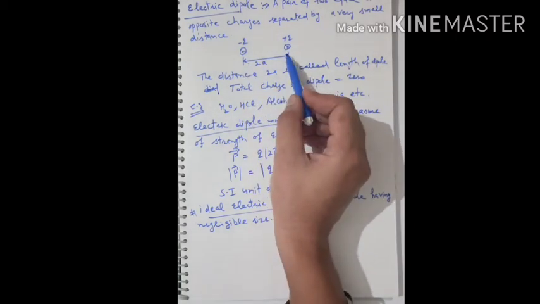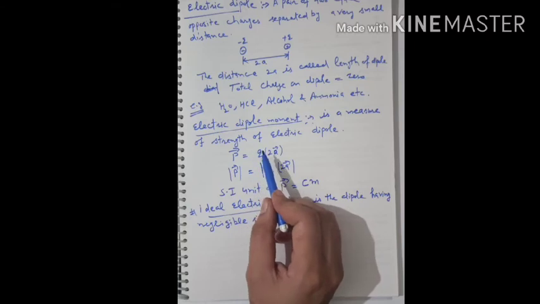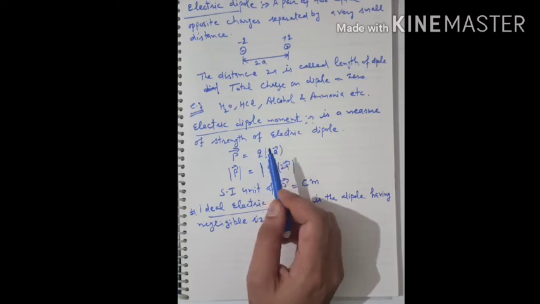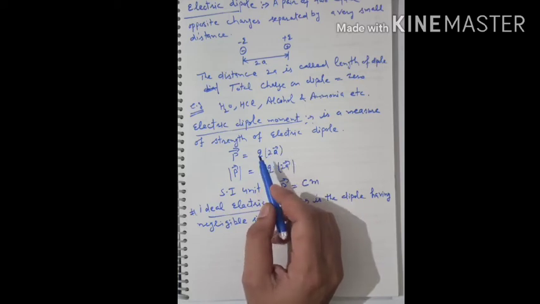When this approaches 0, the product remains constant. In this case we get an ideal dipole, and a dipole is said to be ideal if its size is negligible. This is also called a point dipole.